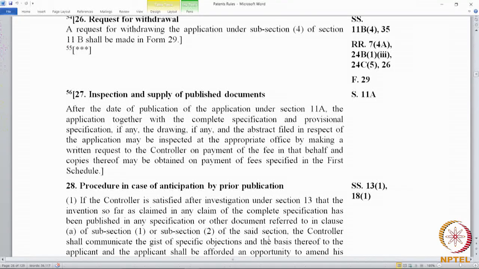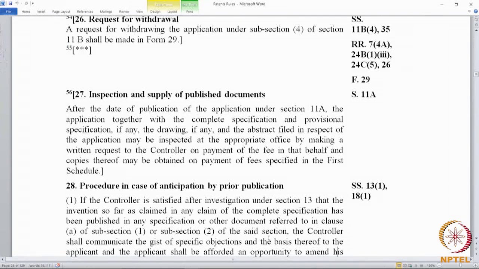After the date of publication of the application under section 11A, the application together with the complete specification and provisional if any, the drawing if any, and the abstract filed in respect of the application may be inspected at the appropriate office by making a written request to the controller on payment of fees in that behalf, and copies thereof may be obtained on payment of fees specified in the first schedule.